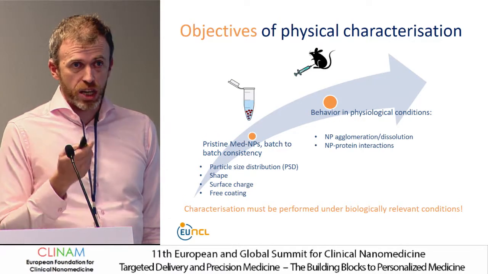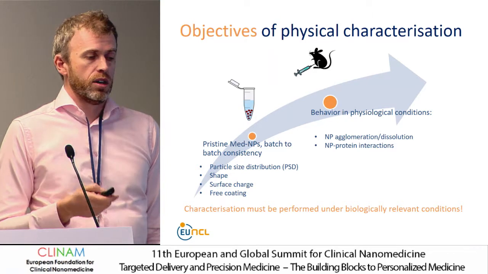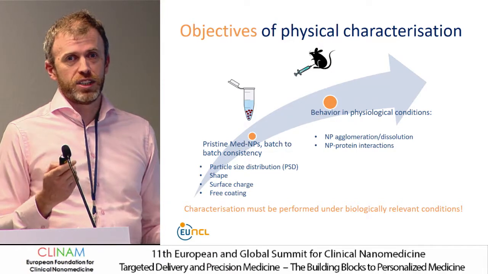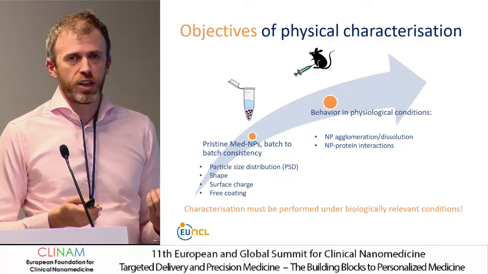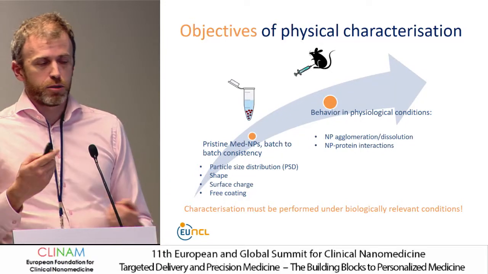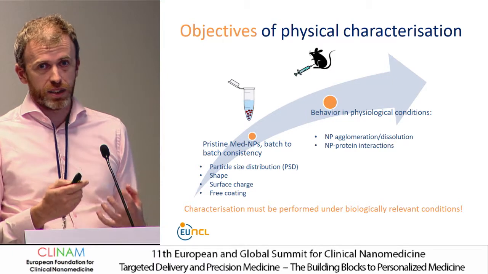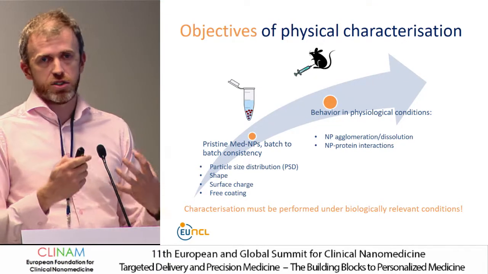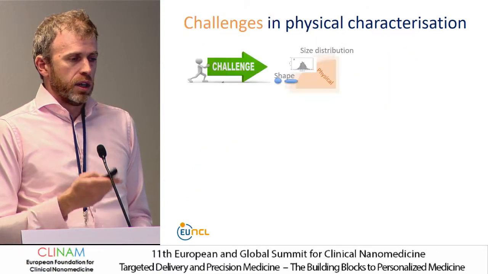You want to look at shape, at surface charge, and at whether the coating is actually coming off or not. These are fundamental things. Then you also want to look at how they behave in the presence of, for instance, plasma proteins, and whether they start aggregating, which could be critical in the body if you have large aggregates of nanoparticles rather than distributed like they should be.